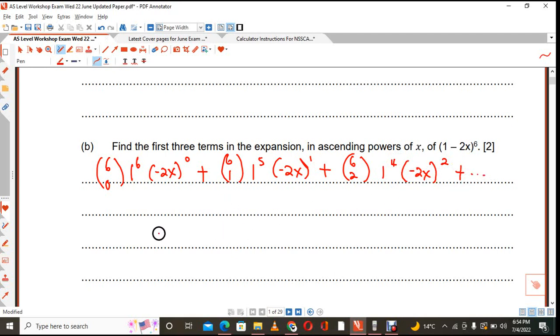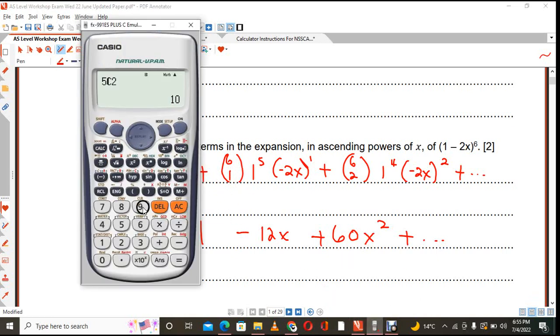Well, you can go ahead, you'll see that it's going to be 1, that's the first term, minus 12x plus 60x squared, and so on and so on. All right, so again, how do you find the minus 12? Right, so 6 choose 1. If you have to use a calculator, you say 6 choose 1, well, you get an answer of 6, and that 6, if you now multiply that 6 with minus 2 there, can you see that? All right, that's going to give you the minus 12 that is there.